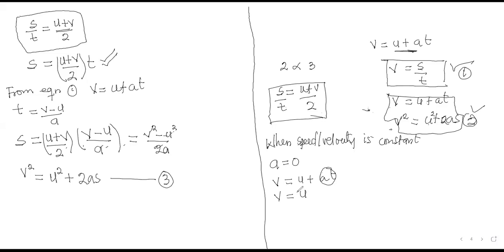And when final speed is equal to initial speed, the body is moving with a constant or uniform speed when A is 0.